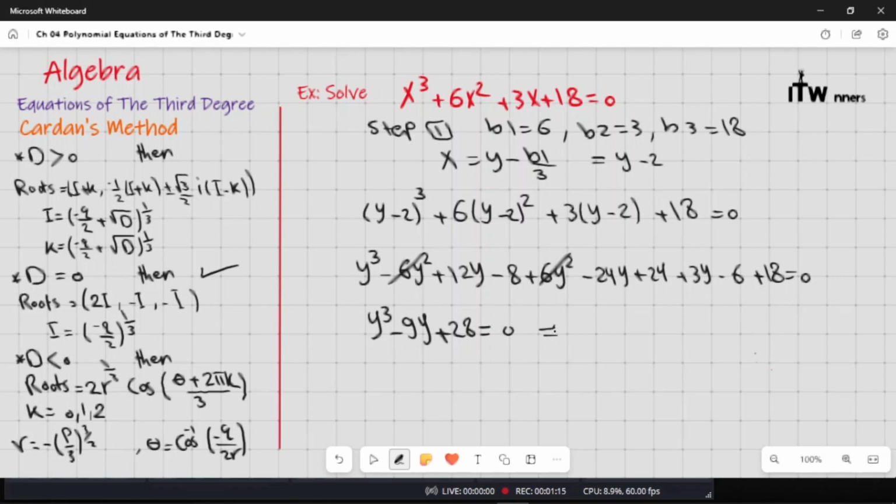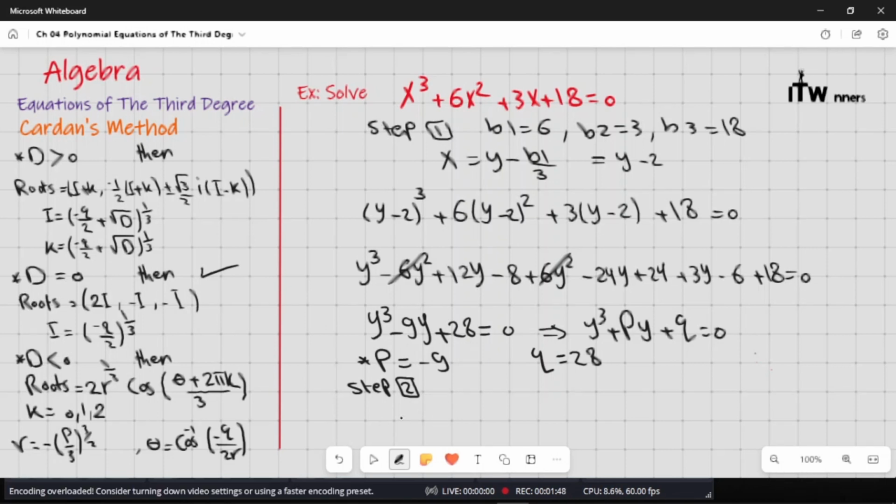Okay, this equation is in the form y cubed plus py plus q equal to 0. So we have here p equal to negative 9, q equal to 28. So we will just move to step 2 to determine the characteristic of this equation.